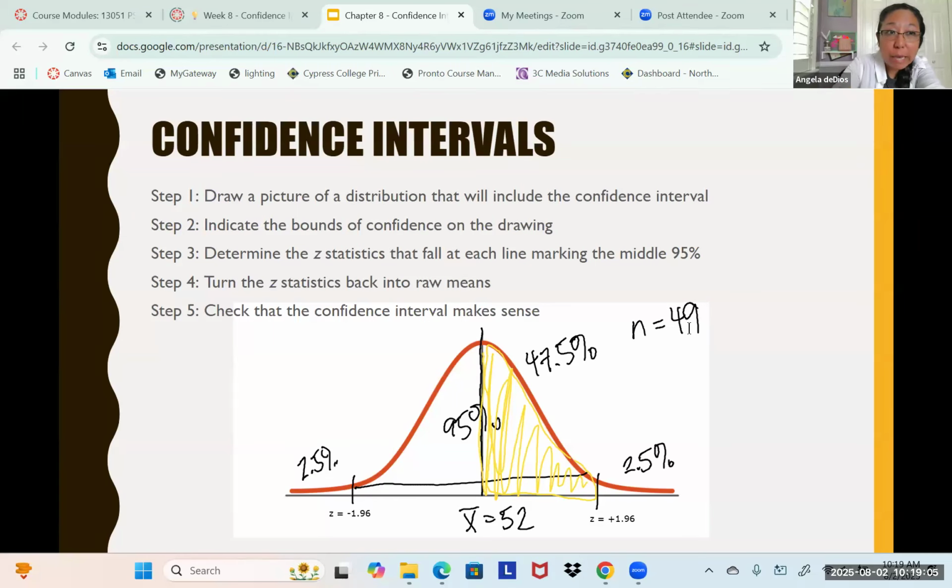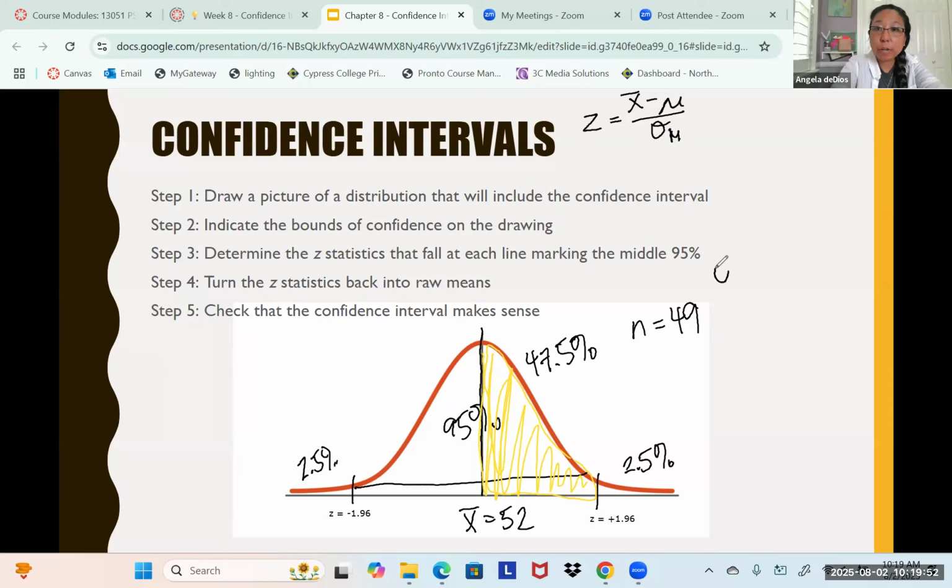So we use our z formula. All right, so we have that information there. Now, because this is a distribution of sample means, we have to make sure that we calculate the standard error.